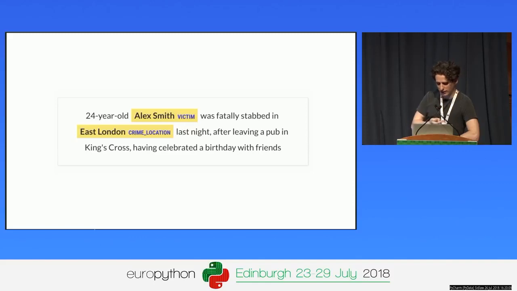And then as well, in the next one, East London, you have to decide all at once that it's a crime, and this is the location of the crime. And then again, in King's Cross, you have to decide that this is a location, but it's not the crime location, and therefore the label is null. And this makes the modelling much harder, and you need many more examples to estimate the model this way in many cases.